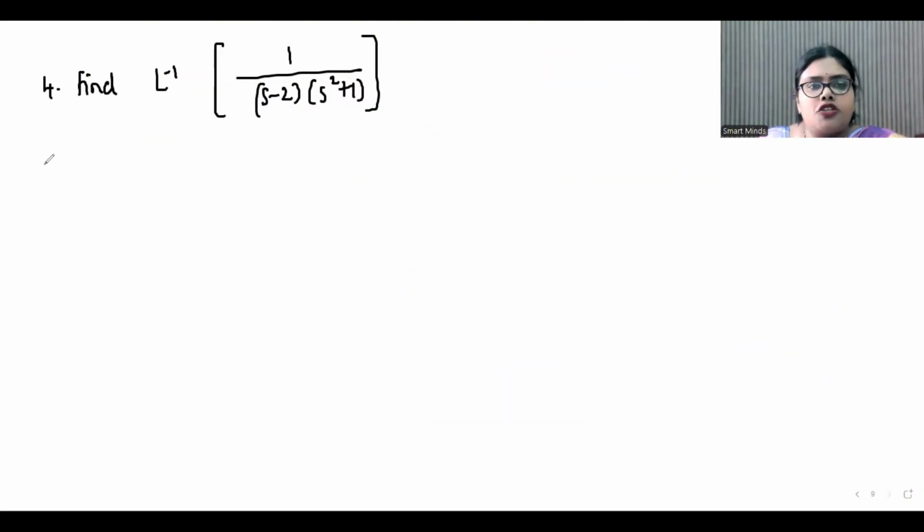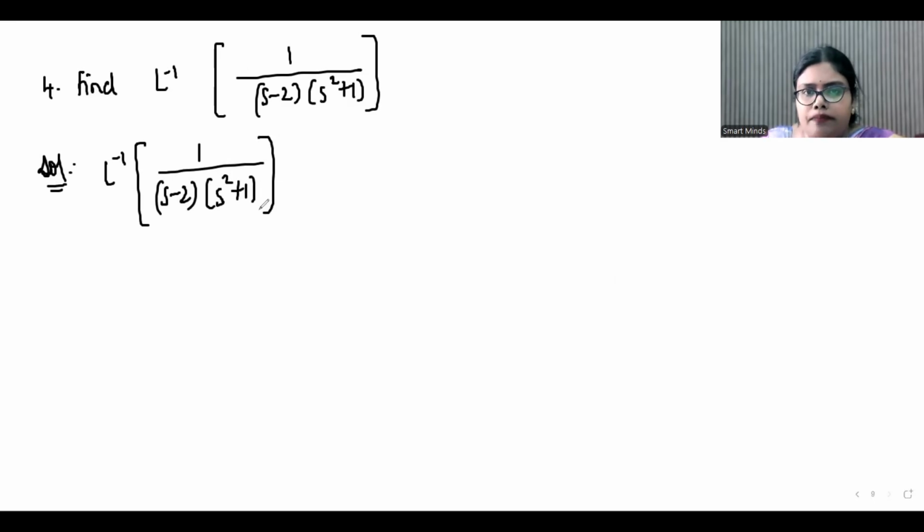Take the next question. Find L inverse of 1 by (s minus 2) into (s square plus 1). So let us take the question. L inverse of 1 by (s minus 2) into (s square plus 1) is equal to L inverse of 1 by (s minus 2) into 1 by (s square plus 1).